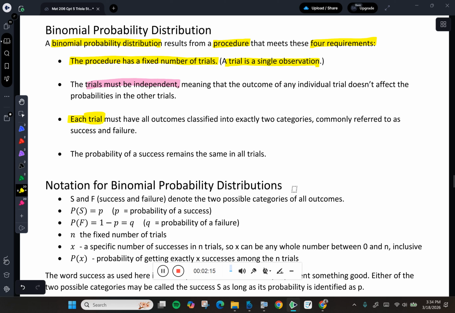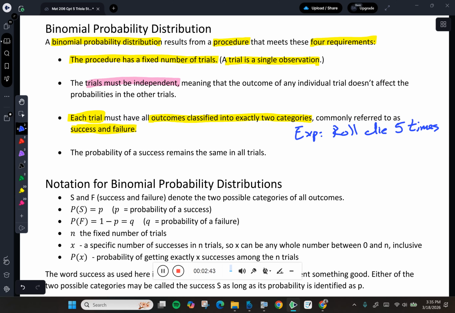Here's where things get a little tricky. Each trial must have outcomes that can be classified into exactly two categories. We commonly refer to these as success and failure. So if I had the experiment roll a die, I don't know, 5 times, and I wanted that to be binomial, my sample space, I'd have to write it somehow so that I only had 2 outcomes every time I rolled the die.